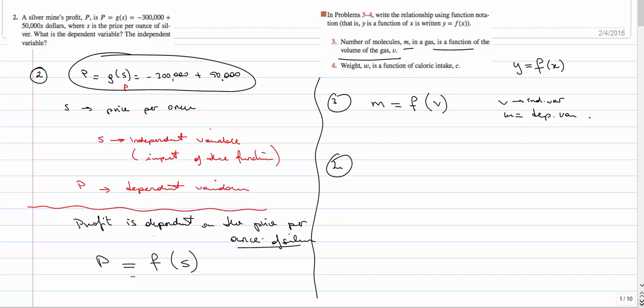Problem 4, weight is a function of calorie intake C. So C is the independent variable and W is your output, the dependent variable.